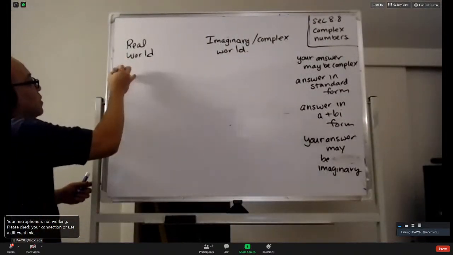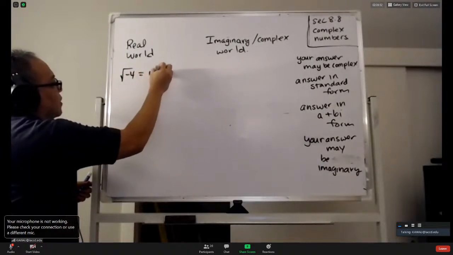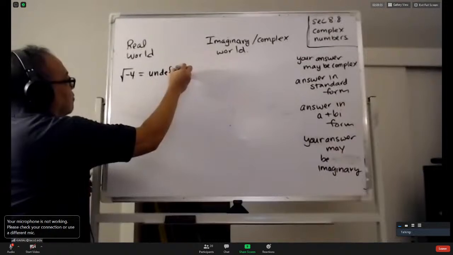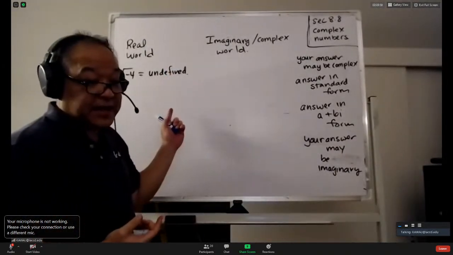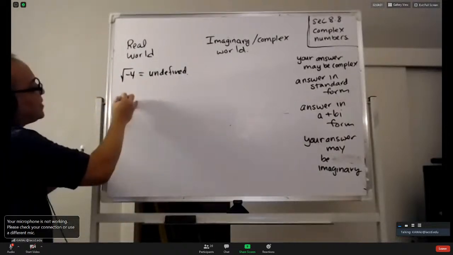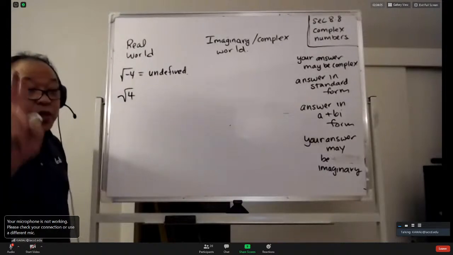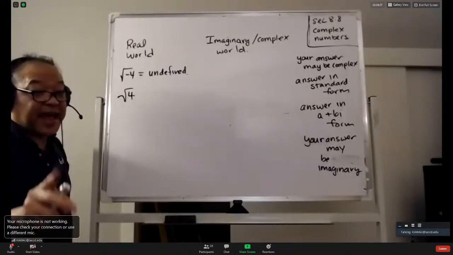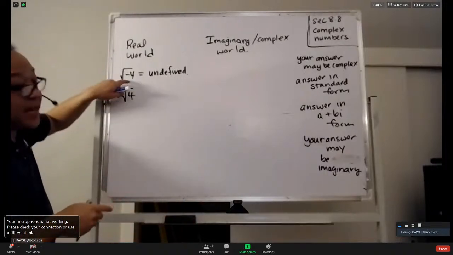In this world, when I take the square root of -4, this is equal to undefined. Meaning that I can't touch that. Square root of 4 is 2. I have 2 kids. I can touch that. I can touch both of them. I cannot touch this number.